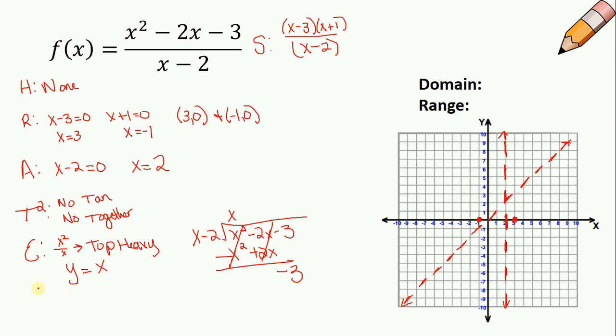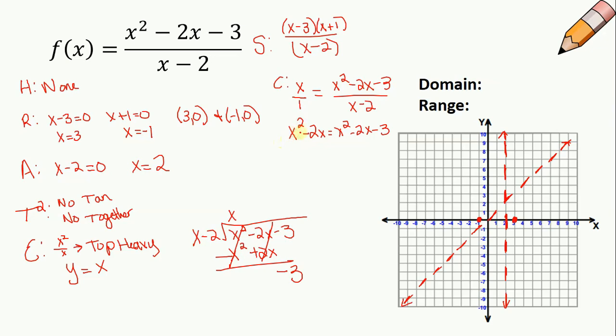Now let's do our C, my crosses. I'm going to move over here. So crosses, careful. You need to set it equal to your slant asymptote. So I'm going to set x over 1 equal to my function. Cross multiply here, so I get x squared minus 2x equals x squared minus 2x minus 3.